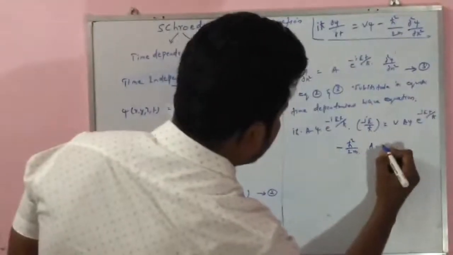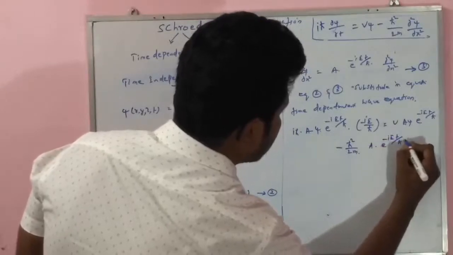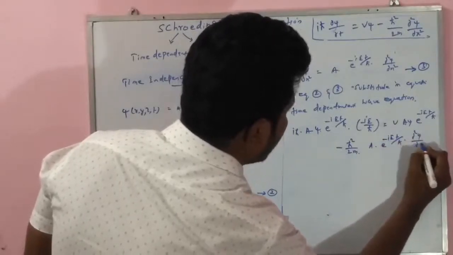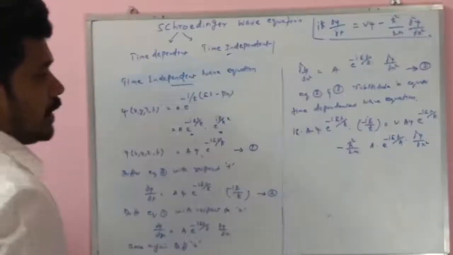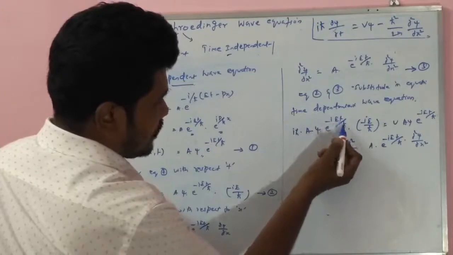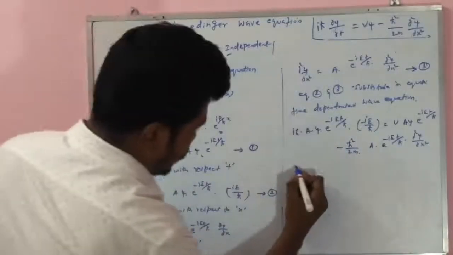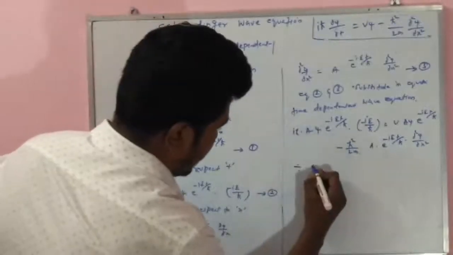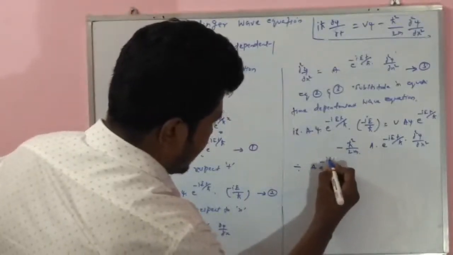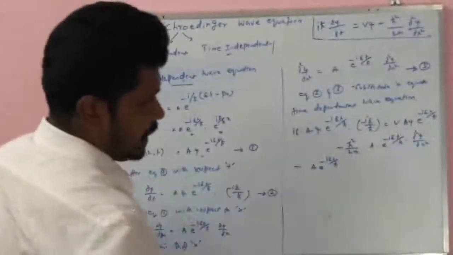So A into e^(-iEt/ħ) into ∂²ψ/∂x². Here A e^(-iEt/ħ) is a common value, so both sides are divided by this value.